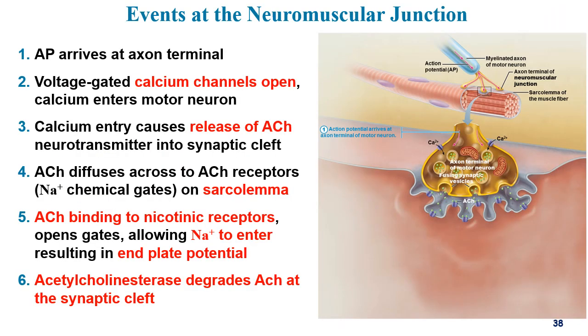And then, of course, there is more to this story. Okay, so first thing that's going to happen here, at your axon ending, you're going to have those voltage gated calcium channels that are going to open right at the nerve.